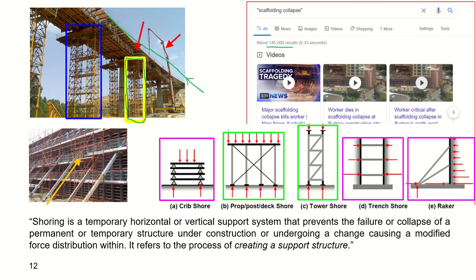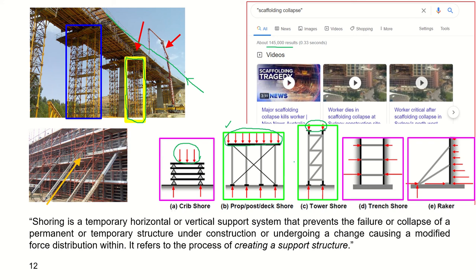So this is one type, the prop post deck shore, and we have crab shore as well, or tower shore, and these items are going to transfer the distributed load from the top level to the ground, like this one as well. You can see the red arrows at the top, they show a distributed load at the top that should be transferred to the ground, and these shoring systems are going to help you do that.